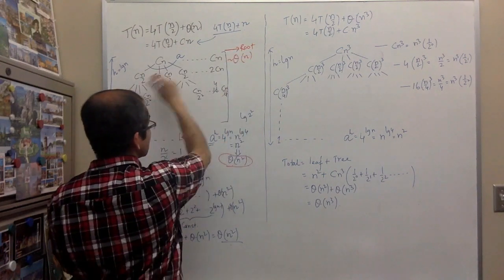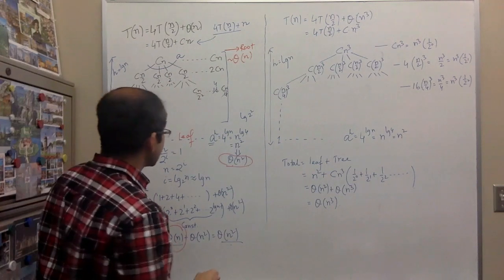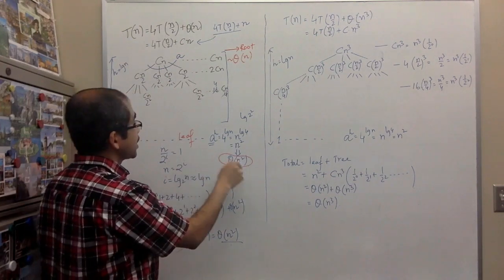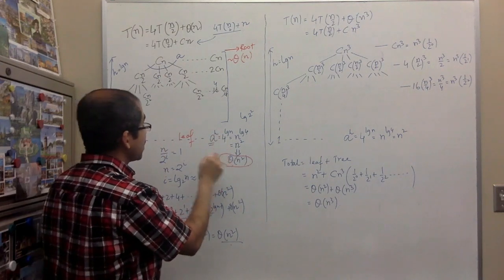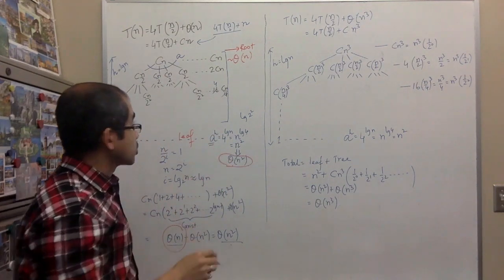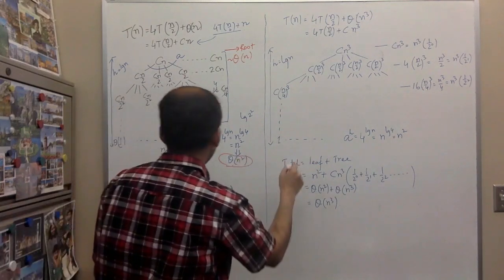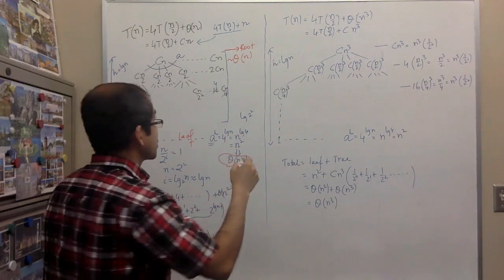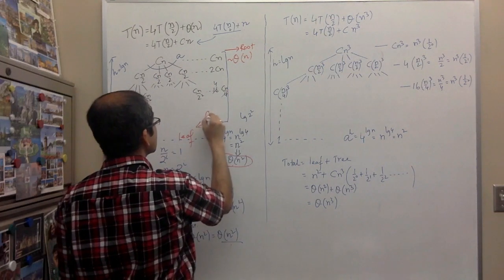When we sum this all up, this came to be the order of n, but the leaf side came to be order of n squared. So the leaf made more contribution to the cost. Please understand this statement. Now see another recurrence relation. So the leaf, you can say, contributes more.